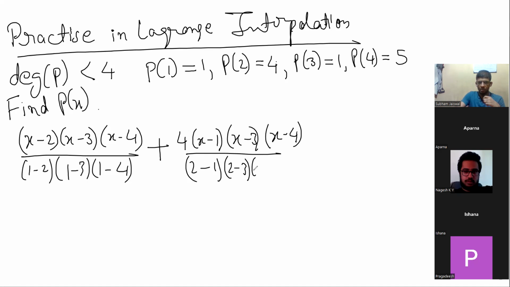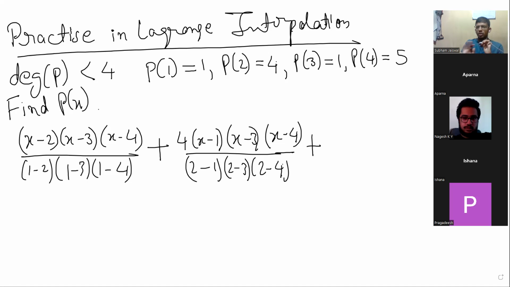Okay, so now that's okay. So now, Pragadish, you tell me the third term, one more term, because I want all of you to be able to easily compute this. That is important.